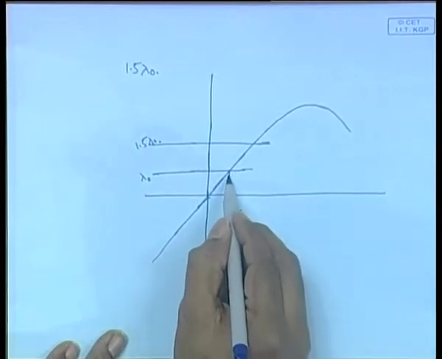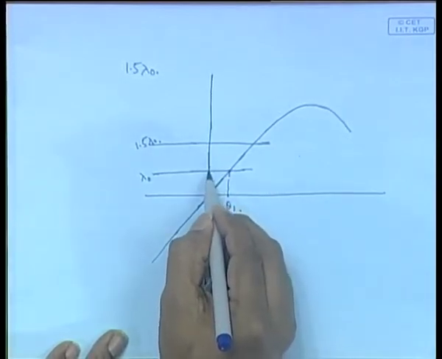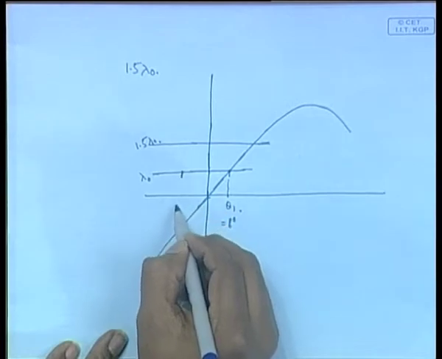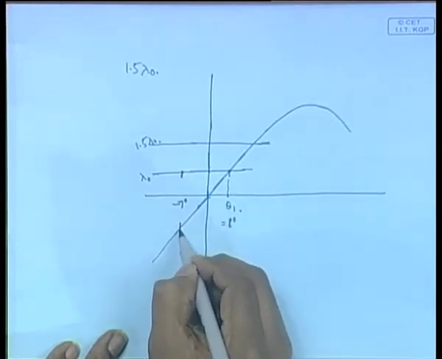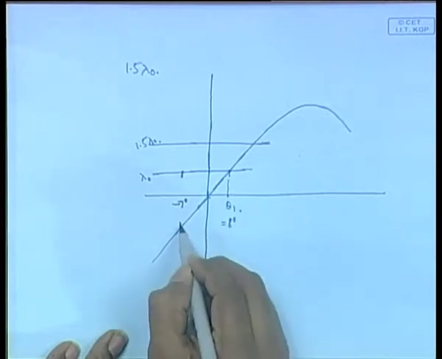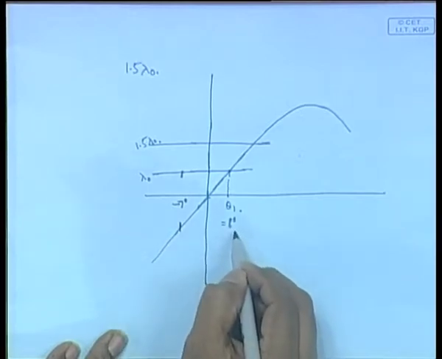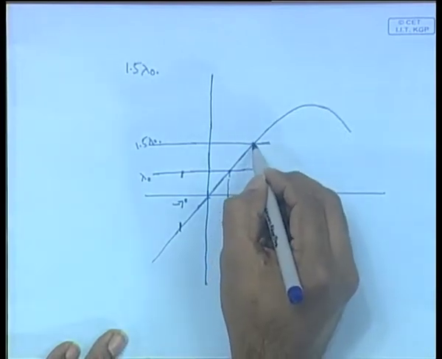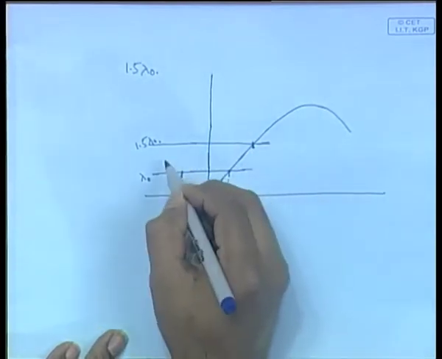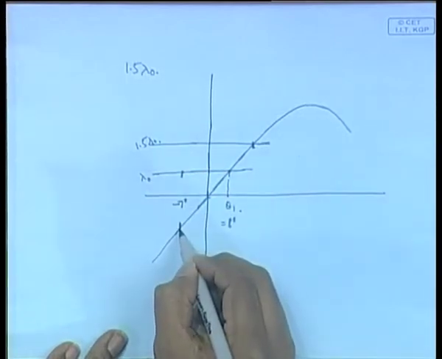Obviously, from here 8 plus 7, 15 degrees, it has started from minus 7 degrees. So we assume that the ship has started heeling from here, it has heeled 15 degrees and reached 8 degrees. Then we do the 1.5 lambda 0, and let us say that it hits here. Now this we have calculated as minus 7 degrees.